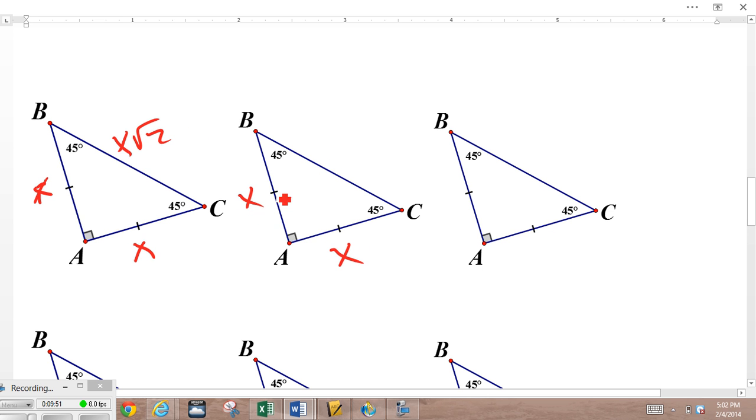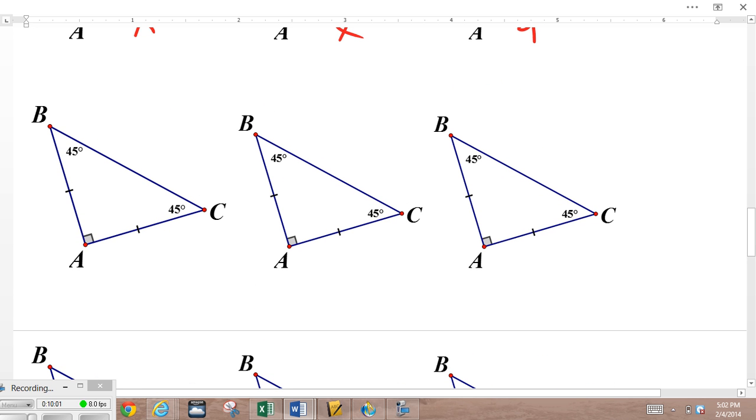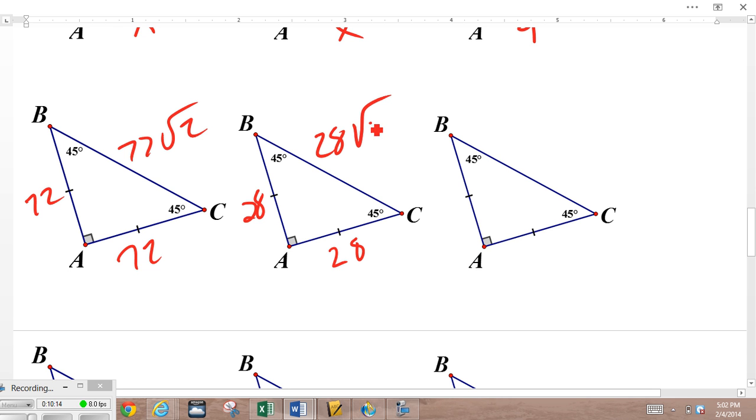X, x, and x the root of 2. 9, 9, and 9 the root of 2. Right? 72, 72, and 72 the root of 2. 28, 28, 28 the root of 2.